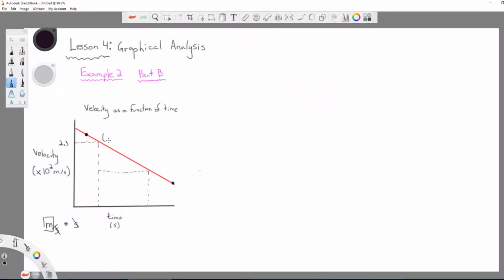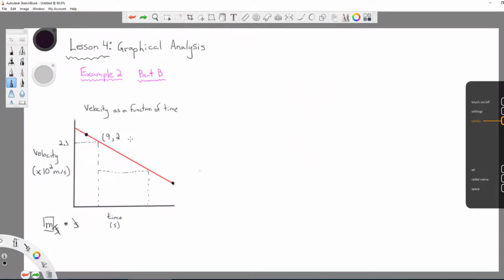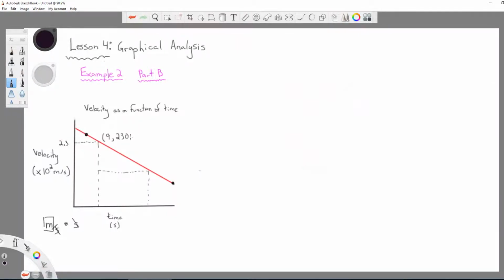This will be time of 9 seconds. Right, 9, because that's our first point, the 9-second point, and 2.3 meters per second. Well, it's actually 230 meters per second. So maybe I'll put that here. 230 meters per second.